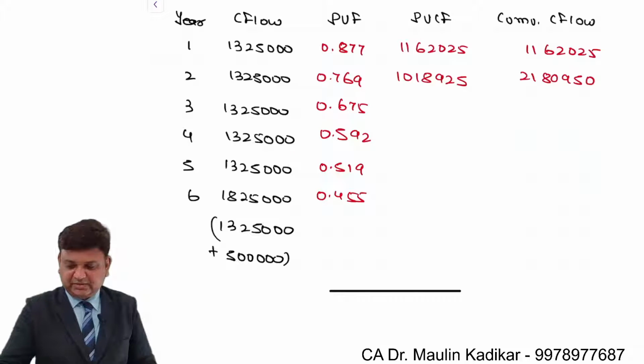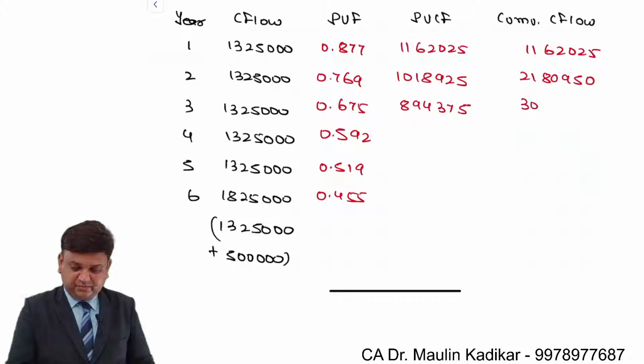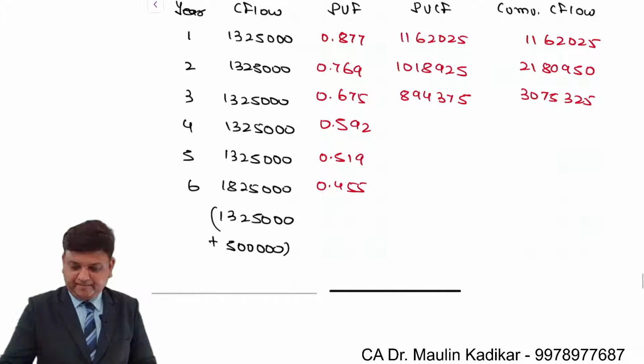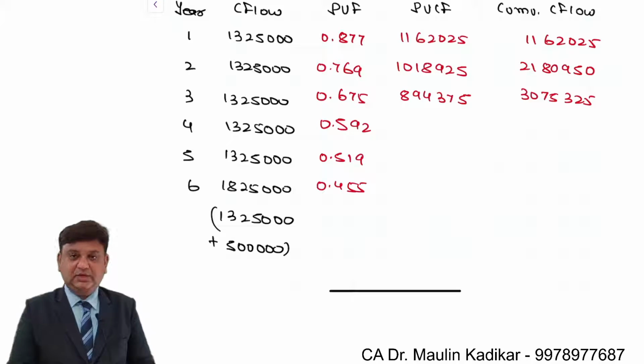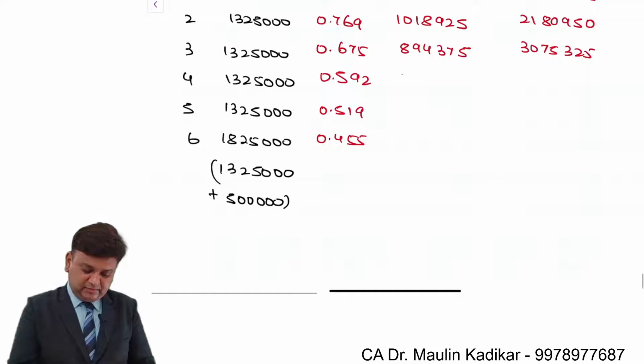13,25,000 into 0.675, 8,94,375. So 30,75,325. 13,25,000 into 0.592, 7,84,400.